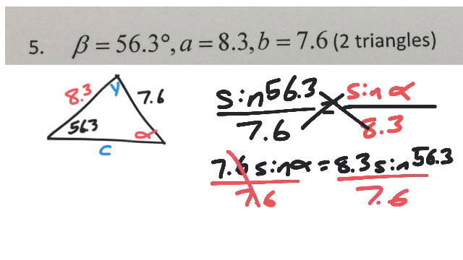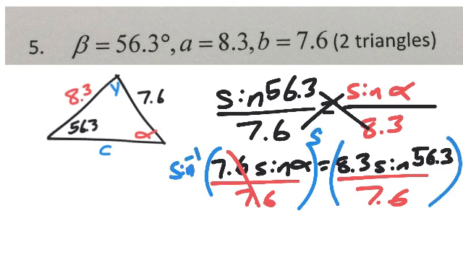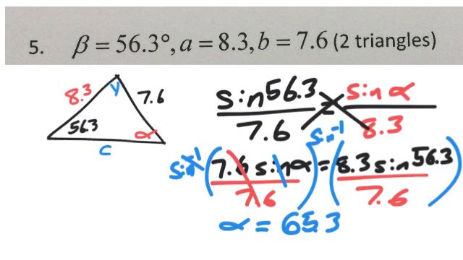Now that's going to give me what sine of alpha is equal to. So in order to find alpha, I have to take an inverse sine of both sides. So now I find alpha is equal to, and in my calculator, I'm putting the inverse sine of 8.3 times sine of 56.3 divided by 7.6. I found that alpha is 65.3 degrees.